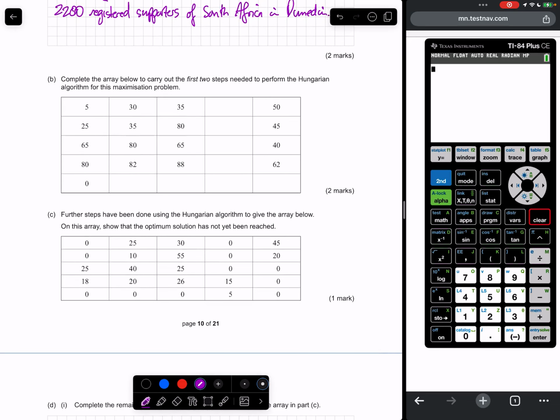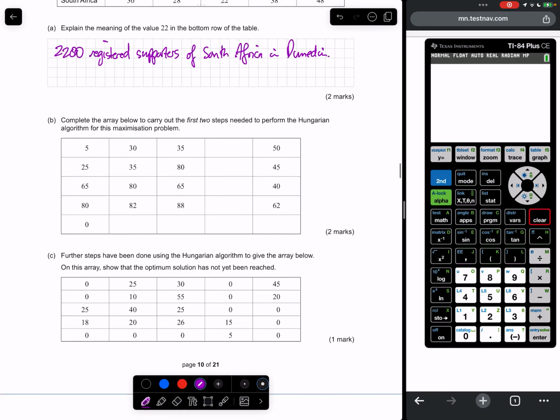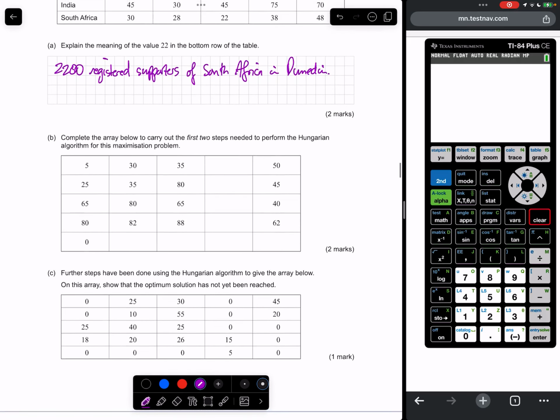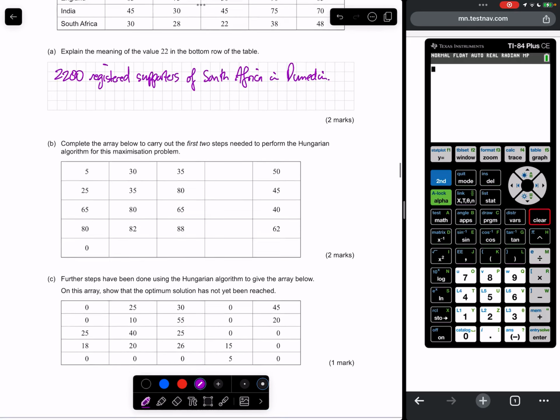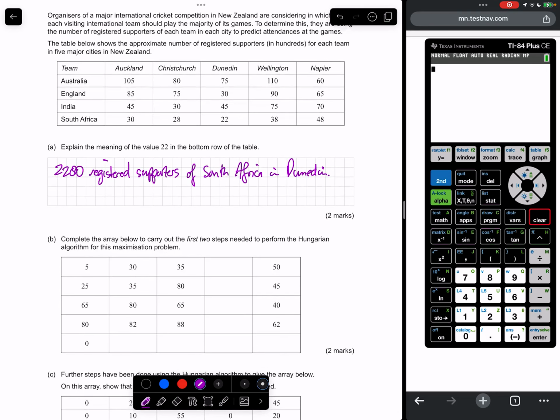Complete the array below to carry out the first 2 steps needed to perform the Hungarian algorithm. So we need to subtract everything from the largest. The largest number was 110. 110 take 105, 5.